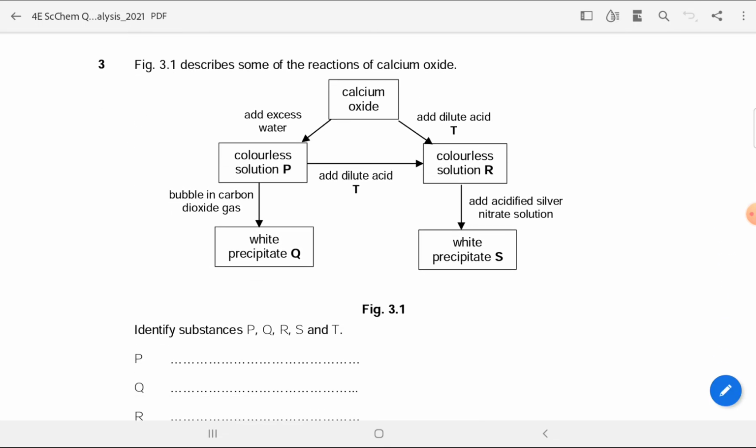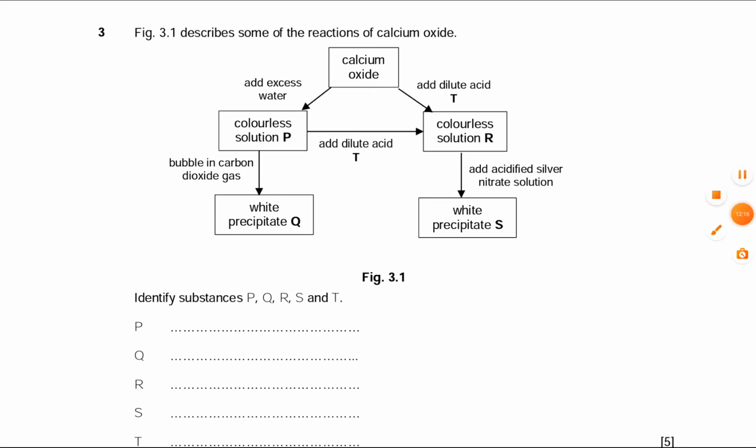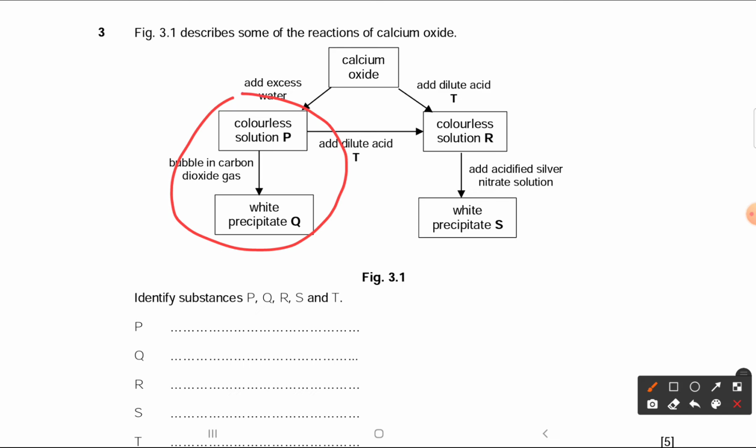Now let's look at the last question. Calcium oxide. Add excess water, you get colorless solution. Then after that, bubble in carbon dioxide gas, you get a white precipitate. So this part is basically how you test for carbon dioxide.